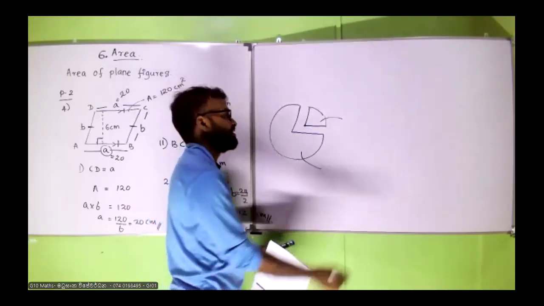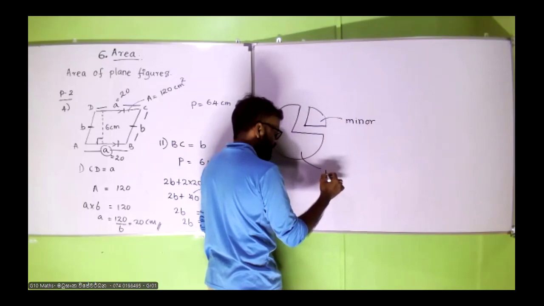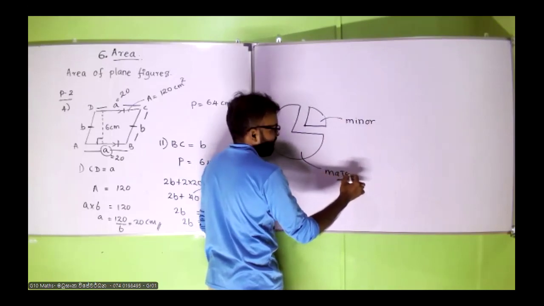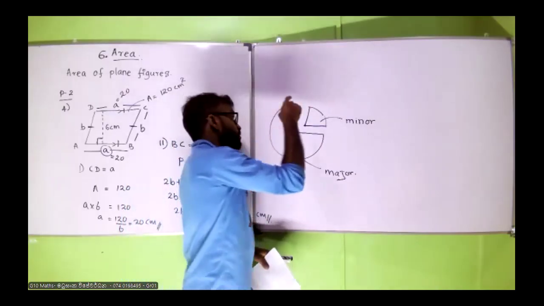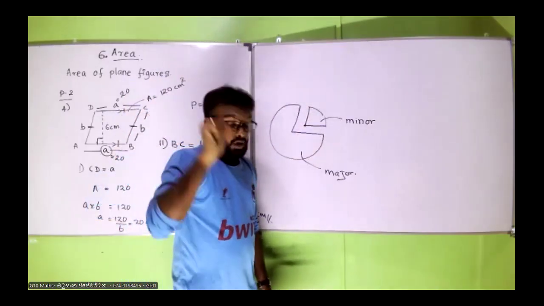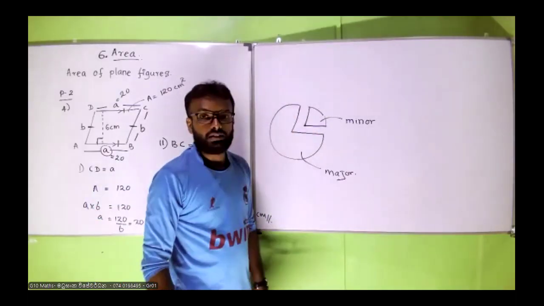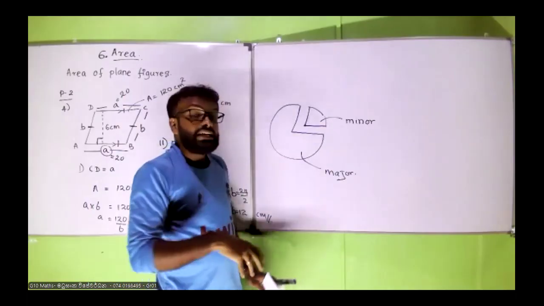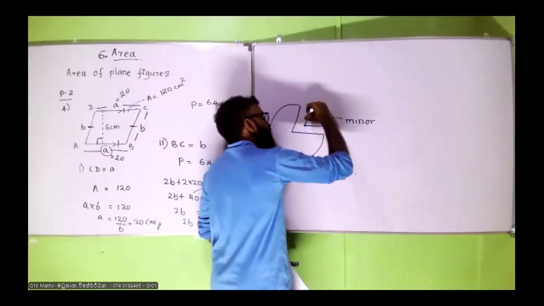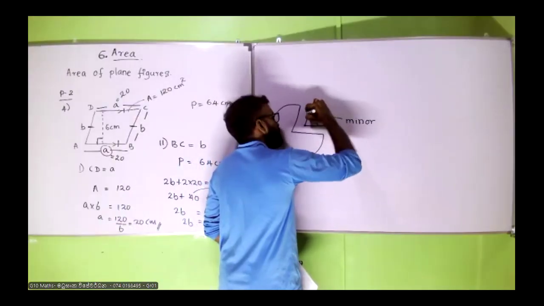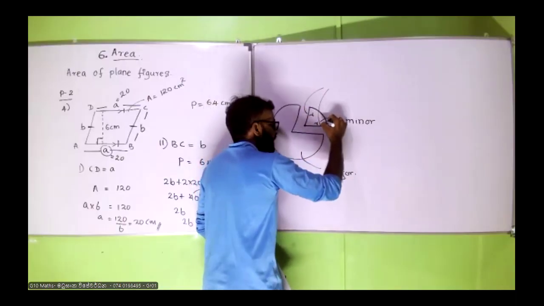So yes, this is minor sector. This is major sector. Right. So a sector is called, if you don't remember please write it down. The sector is bounded by two radii, R and R, and an arc.